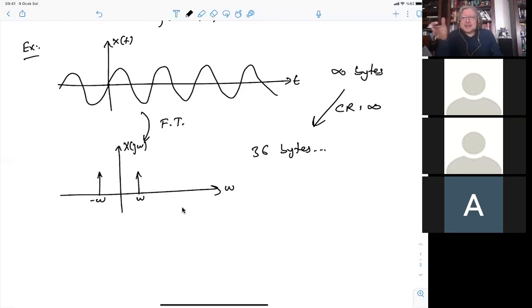Usually, if you look at the signal from the perspective of time axis, it looks quite complicated and quite long. Therefore, it requires a lot of energy or a lot of bytes for the transmission. The transmission just never ends. However, if I take the Fourier transform, which means I'm looking at the signal from a frequency perspective, then suddenly it becomes just two impulses.